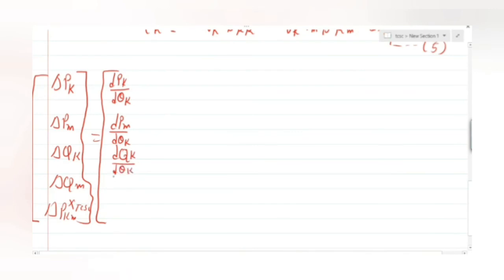Again, the next element is del Qm upon del theta k, and the last one is del Pkm x TCSC divided by del theta k.